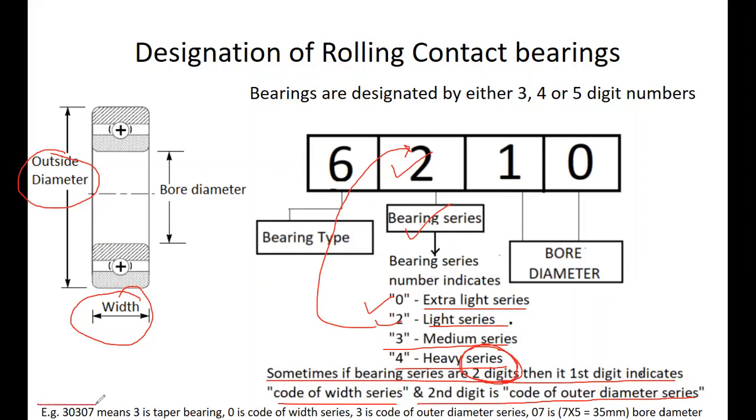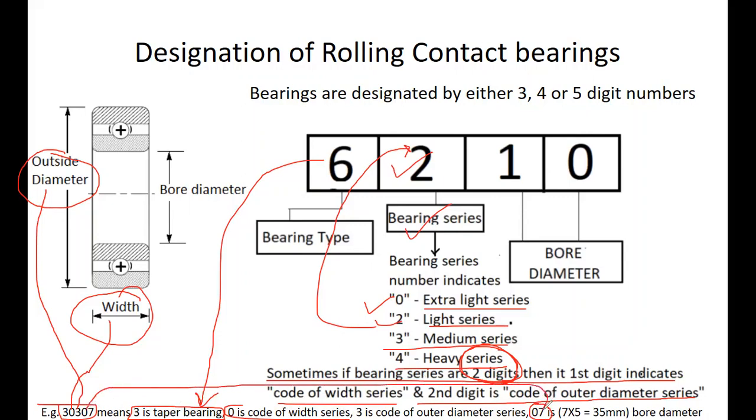Here an example is shown. For example, if it is 30307, then we have seen previously that if the first digit, the bearing type, is 3, it is a taper bearing. 0 is the code of width series. 3 is the code of outer diameter series, and 07 in the end: 7 into 5 indicates 35 mm, so it is the bore diameter.